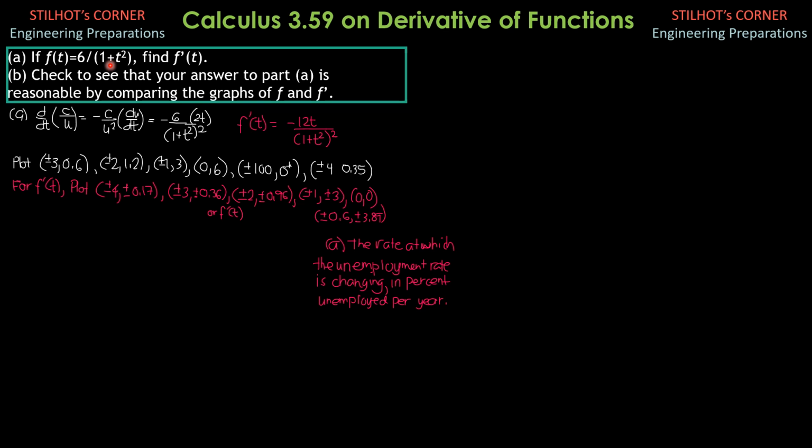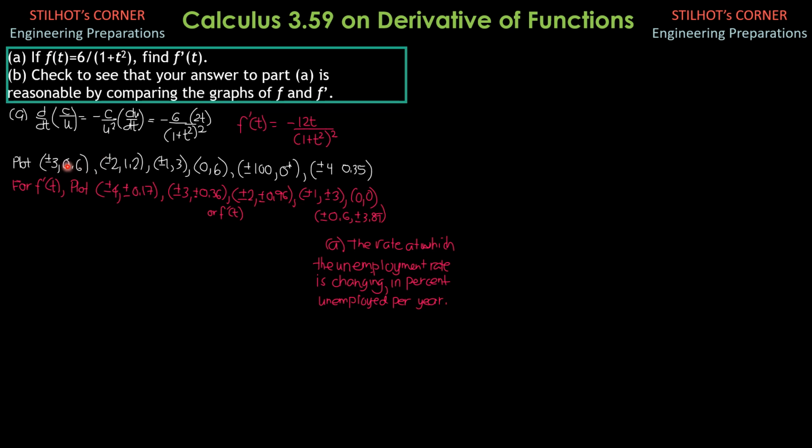And 6 over 17 is approximately 0.35. So when t is plus minus 4, f of t is positive, approximately 0.35.